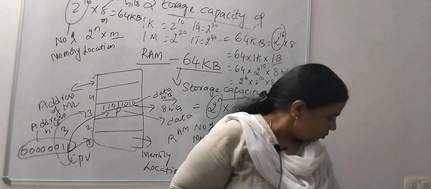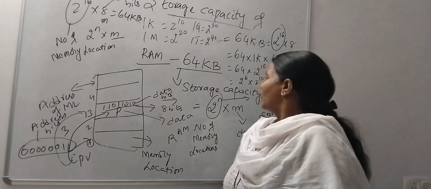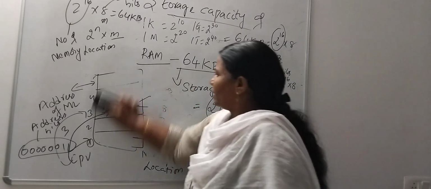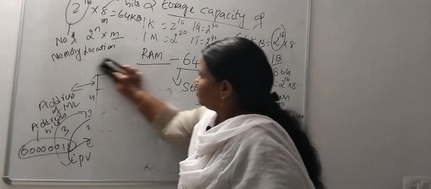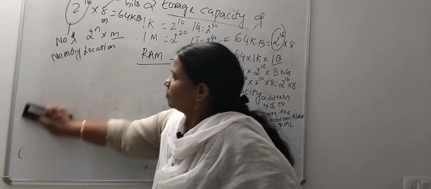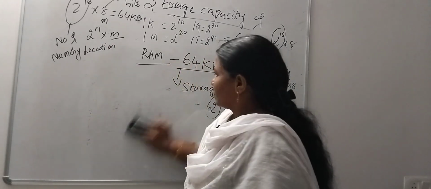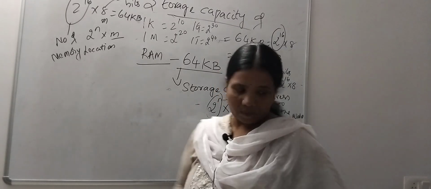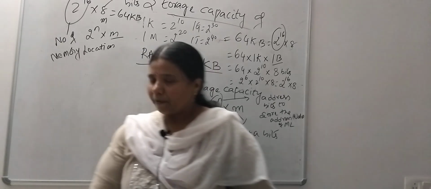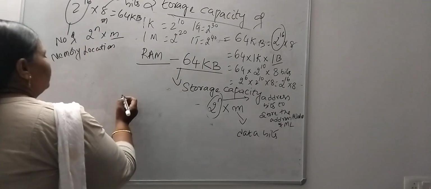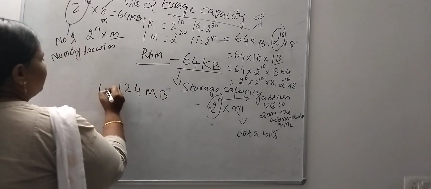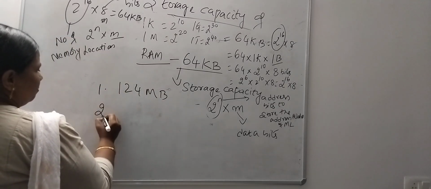Now you find the storage capacity for other values. If I take 124 MB, what will be its address bits? You find out the data bits and number of memory locations.